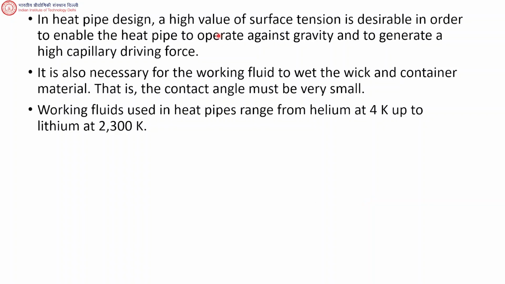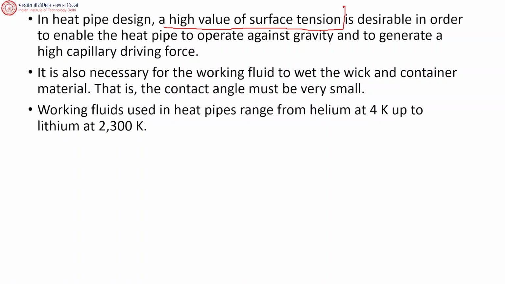So we would like to have a high value of surface tension. High value of surface tension is desirable for the liquid. Where is that sigma? We're talking about that sigma. Sigma should be high because then you can do better capillary action, isn't it?